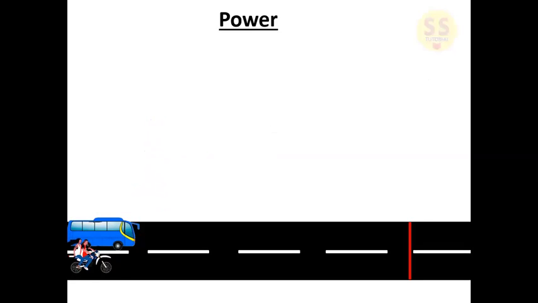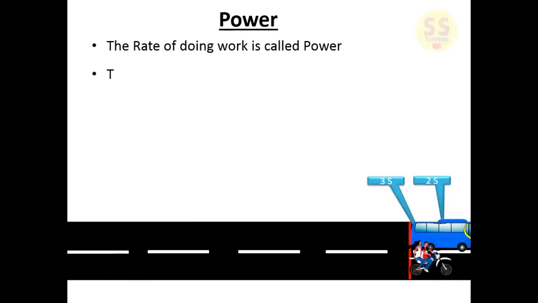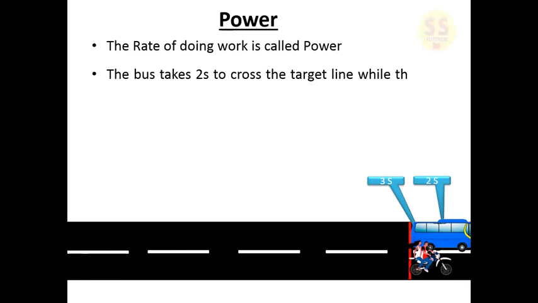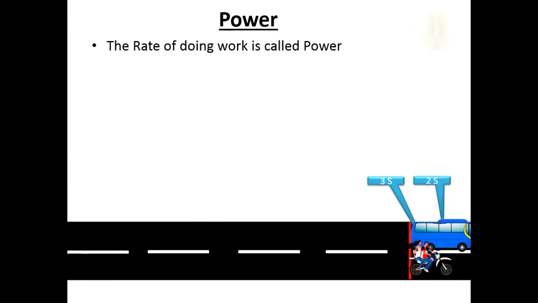Now we discuss the power. The rate of doing work is called power. Just look at here. A bus and a motorbike. Both are given a target to cross the red line. They start at the same point, but the bus reaches in 2 seconds, while the bike takes 3 seconds.